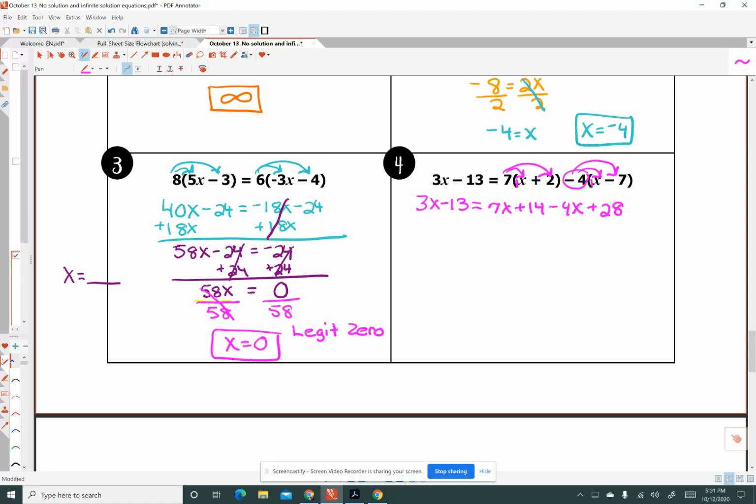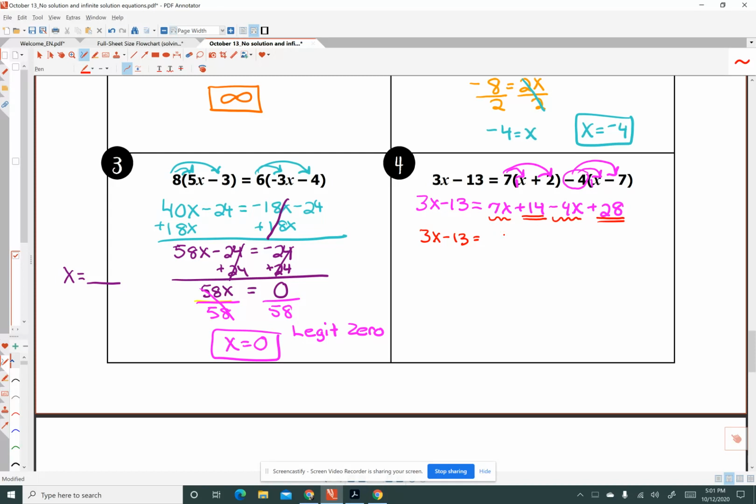So it looks like I can combine some terms on the right. I'm going to combine 14 and 28, and I will combine 7 and negative 4. So on the left side of the equation, I have 3x minus 13, and on the right side, 7x minus 4 is 3x.